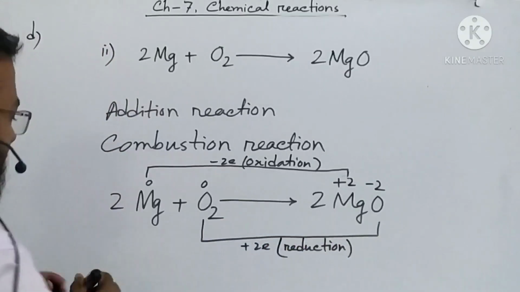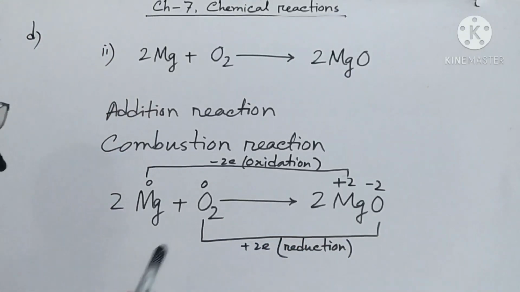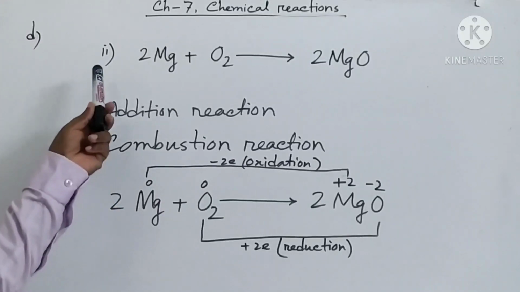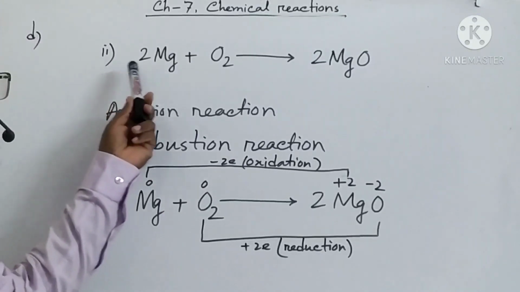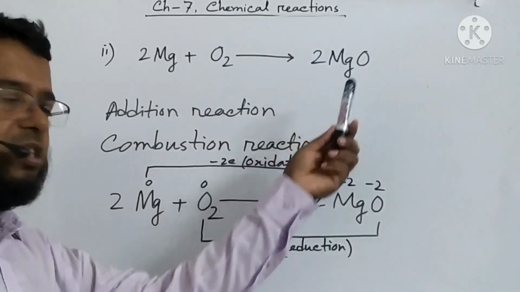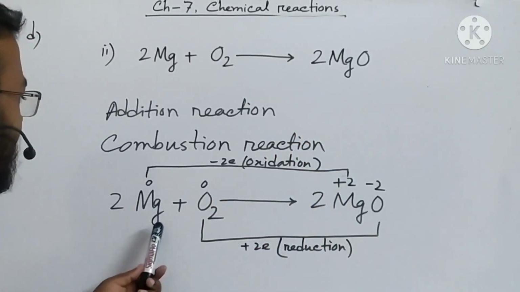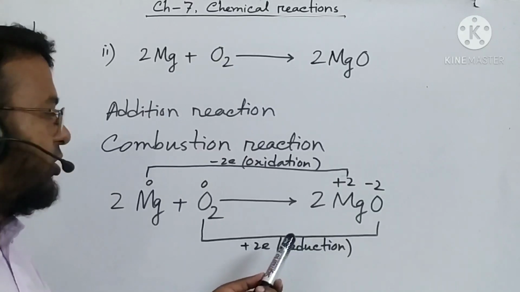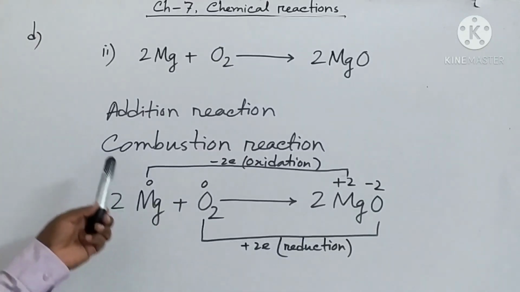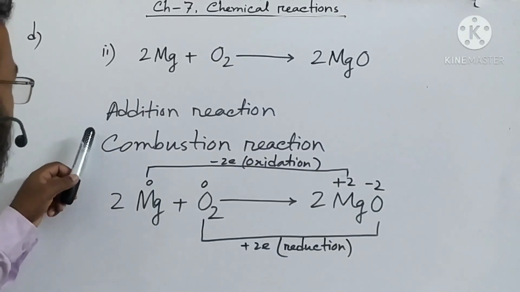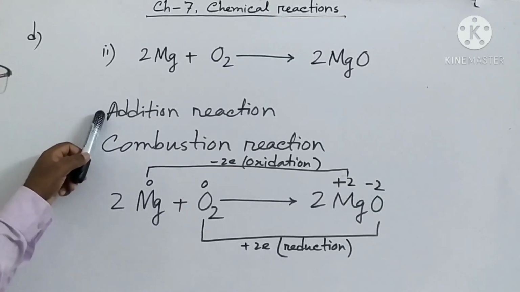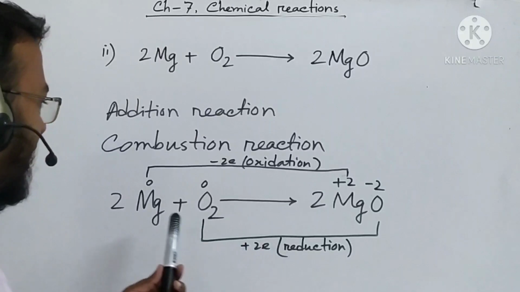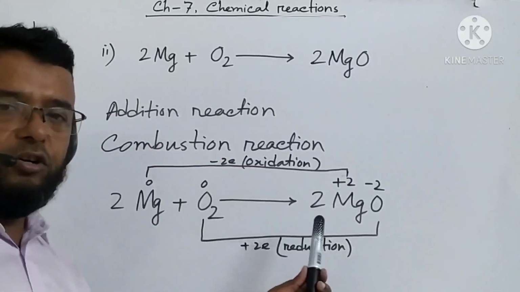So here everybody see that in one reaction there is oxidation and reduction. So we can tell that in the stem, reaction number 2, magnesium and oxygen give magnesium oxide, this is a redox reaction. So first of all we can tell it is an addition reaction, second a combination reaction, and third a redox reaction.